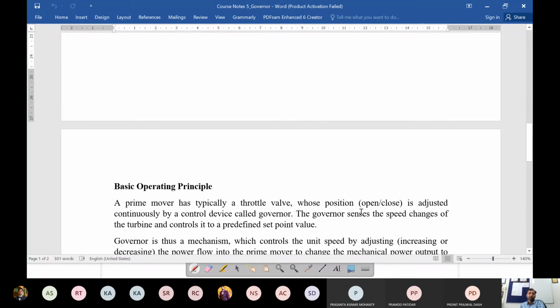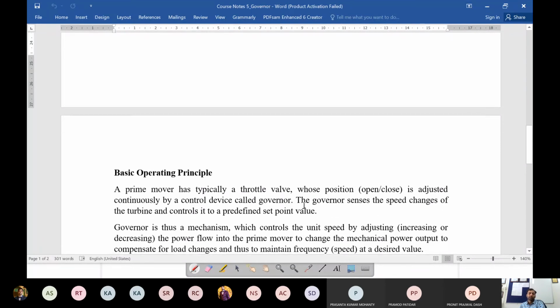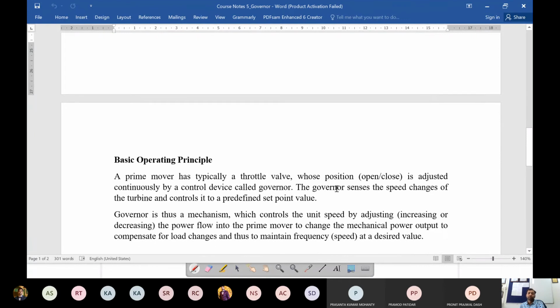So the governor senses the speed changes of the turbine and controls it to a predefined set point value. We can say governor is thus a mechanism which controls the unit speed by adjusting, that means increasing or decreasing, the power flow into the prime mover to change the mechanical power output to compensate for load changes and thus to maintain frequency at a desired value.